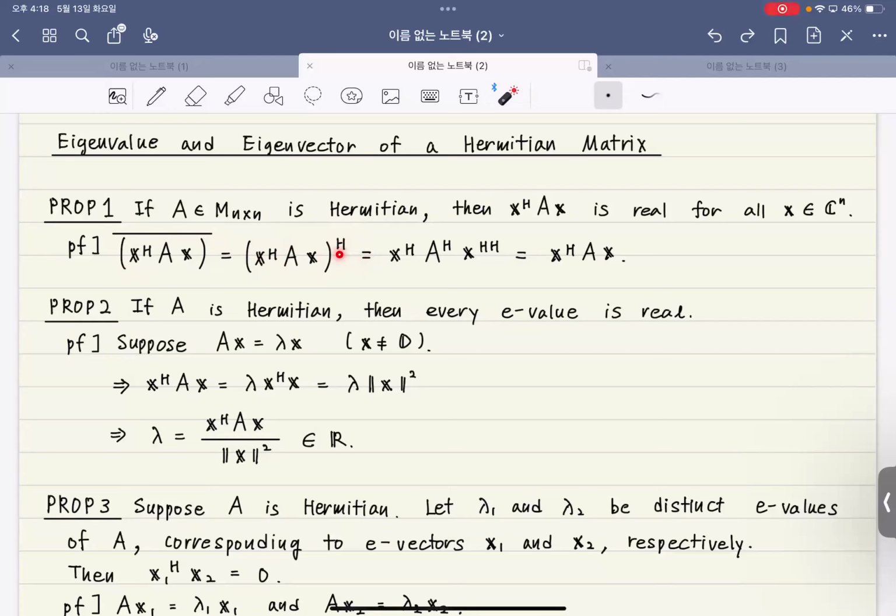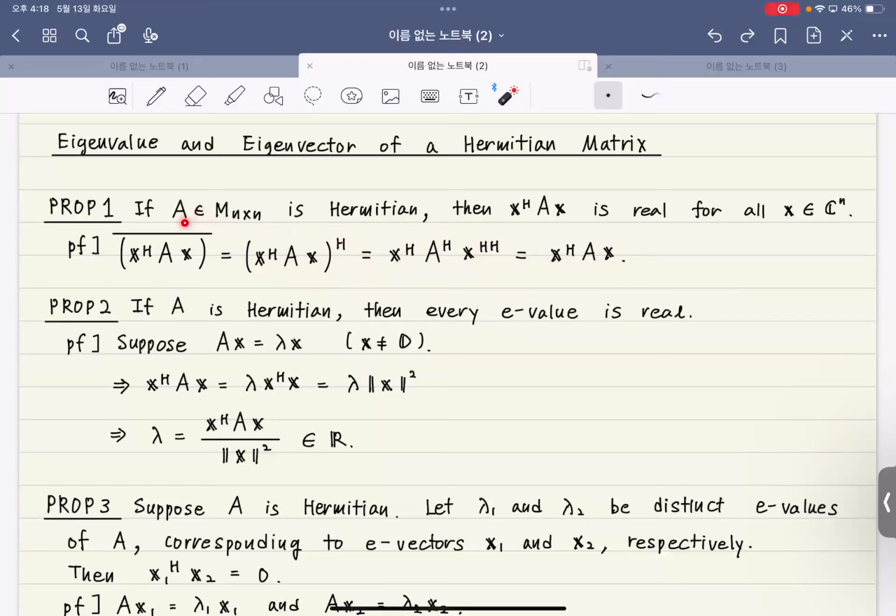So taking the conjugate transpose, the order is now reversed: x Hermitian times A Hermitian times x Hermitian Hermitian. But taking two Hermitians is the same as doing nothing, so this becomes x.